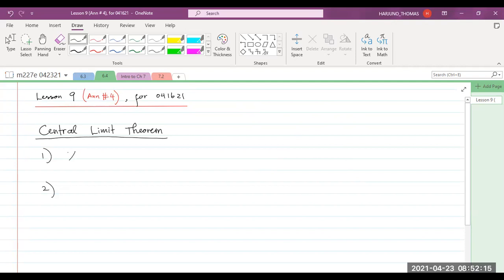The first part says the following. If you have a random variable that is normally distributed with mean mu and variance sigma squared, then the sampling distribution, the distribution of the sample mean of size n, will also be normally distributed with the same mean, and the variance is the original variance divided by n.